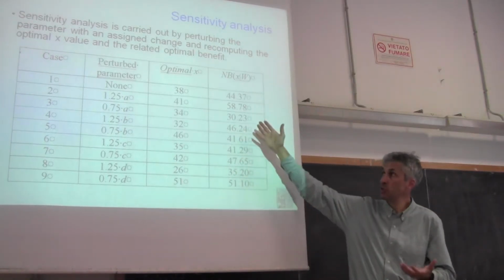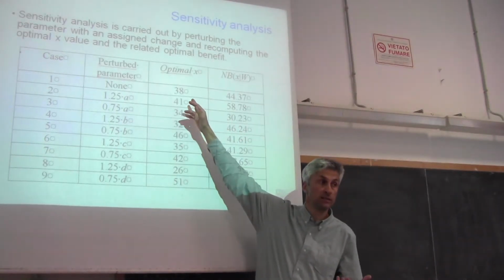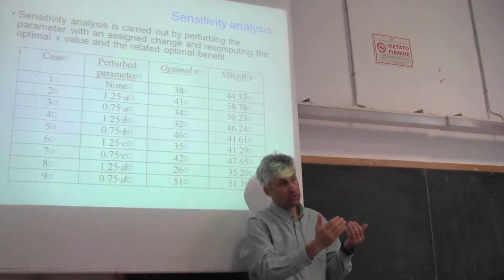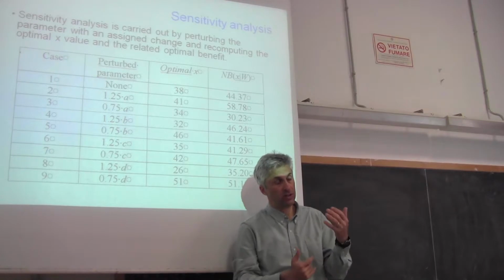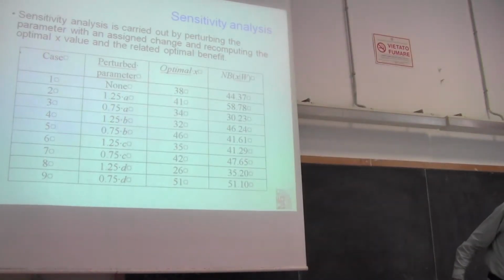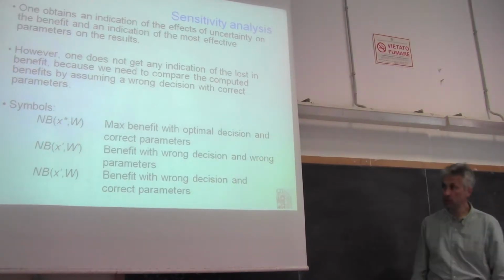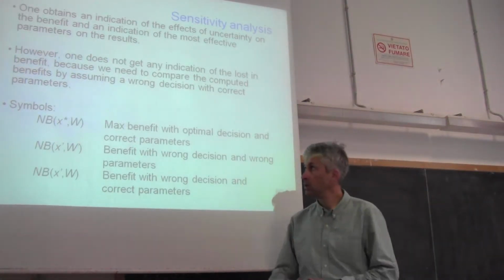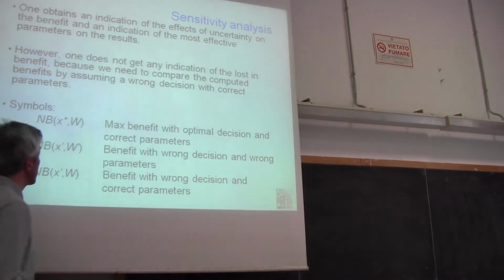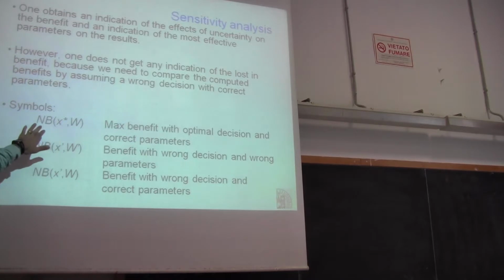So I have a situation which I assume to be the true one, the correct one, no perturbation. Let's introduce these three indexes to quantify the impact of the perturbation. And in order to introduce these indexes, let me introduce first some symbols that I will use.